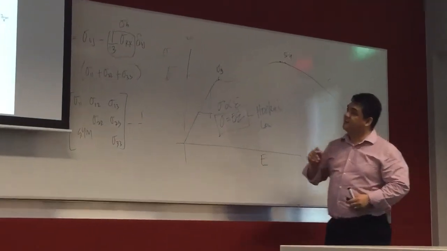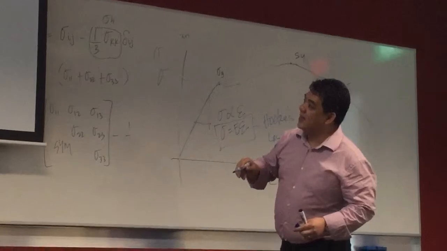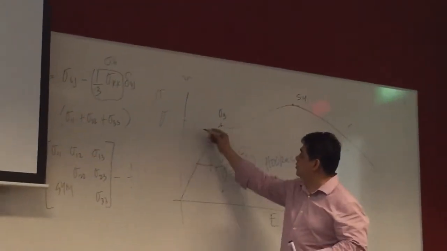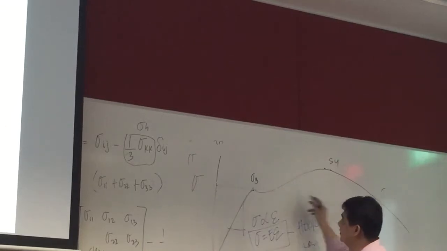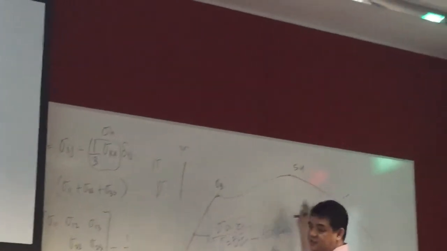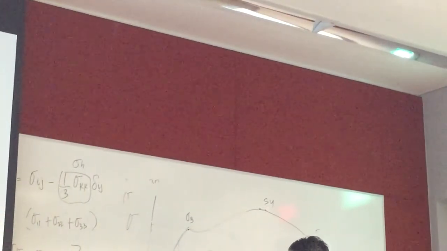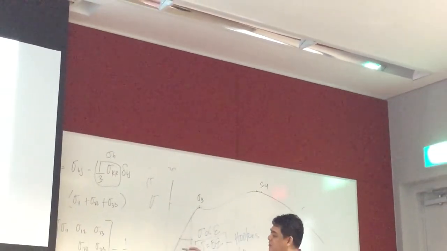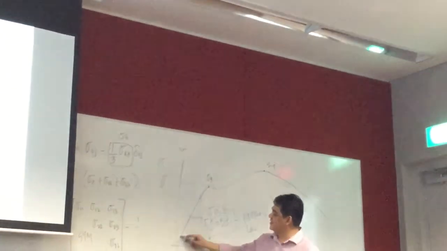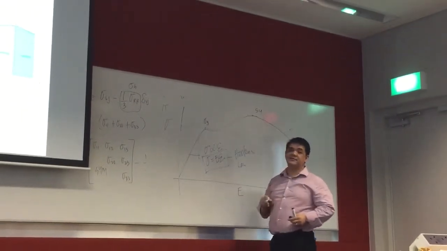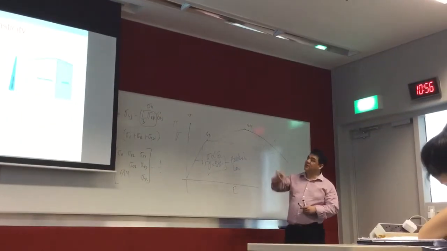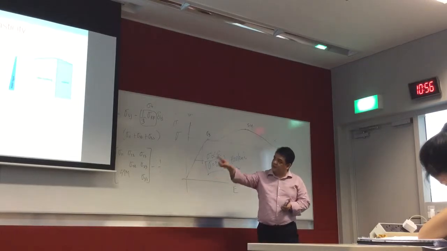The other one, of course, is the elastic perfectly plastic. So this one is perfectly plastic, straight line. Elastic, perfectly plastic. Meaning, well, that's simple.